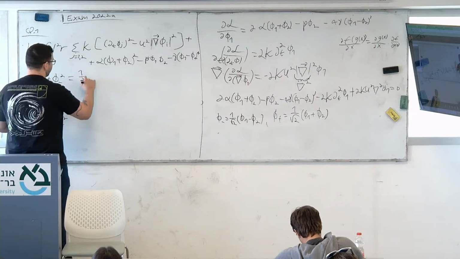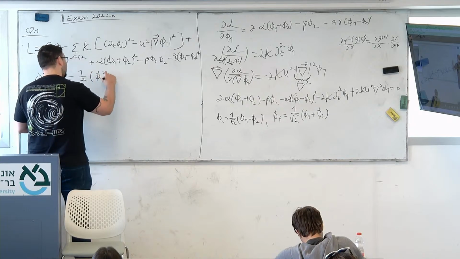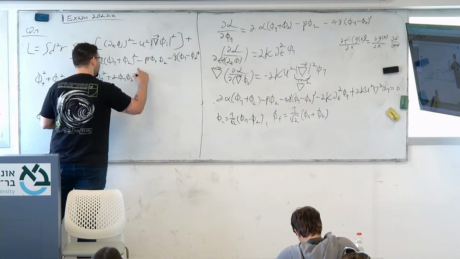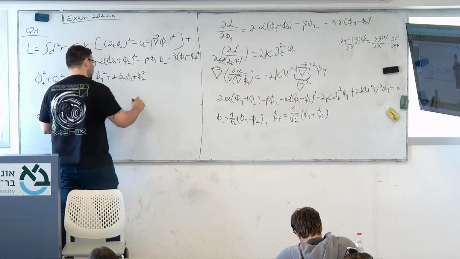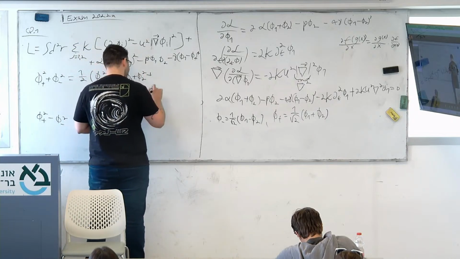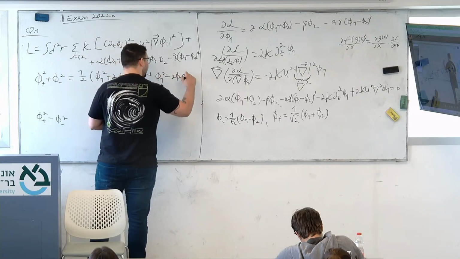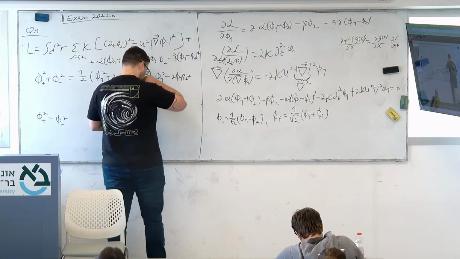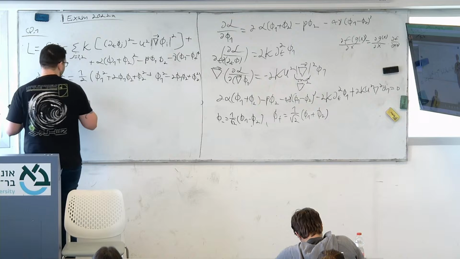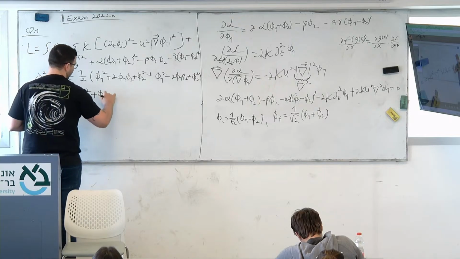First of all, there's 1 over 2 on the outside, and then phi1 squared plus 2 phi1 phi2 plus phi2 squared, plus phi1 squared minus 2 phi1 phi2 plus phi2 squared. You can clearly see it's equal to phi1 squared plus phi2 squared.